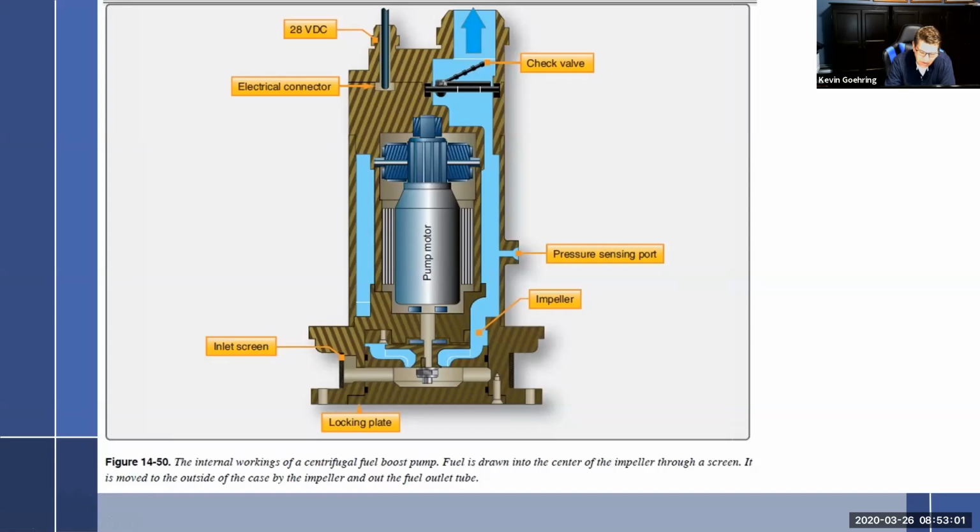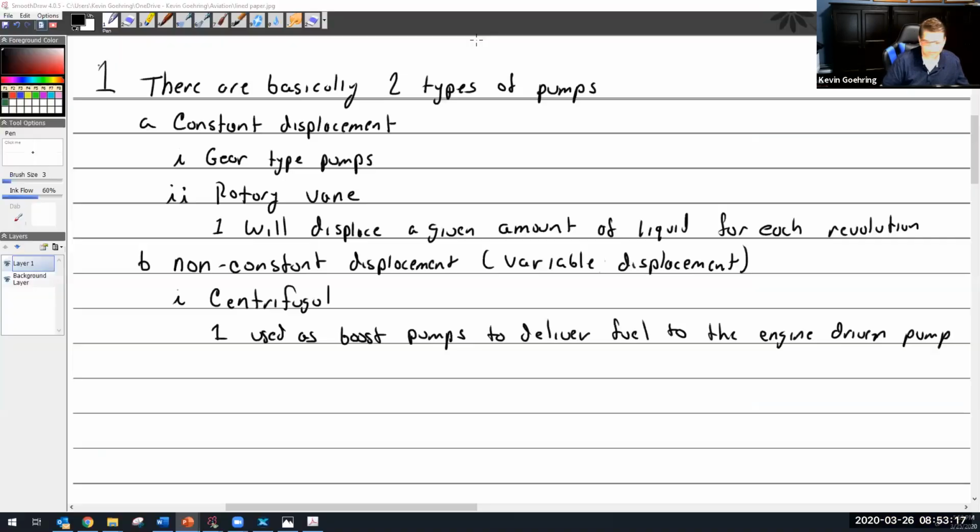Of course, they are not constant displacement. They act more like a propeller on the front of the airplane. A propeller on the airplane is certainly not a constant displacement pump. It is more of a centrifugal item. So, all right. Close that. It uses a boost pump.